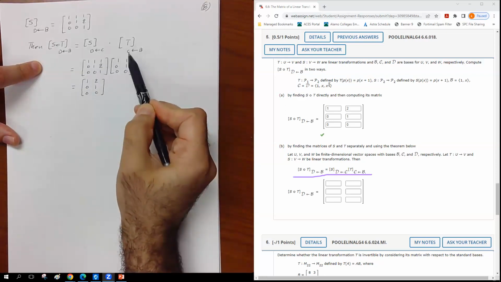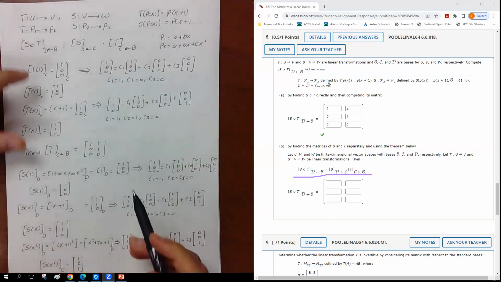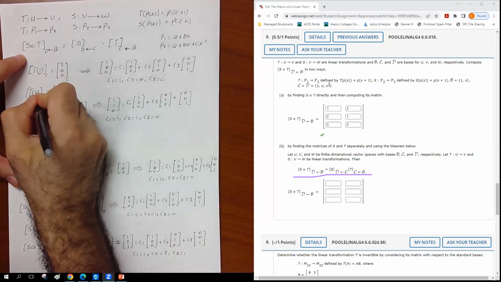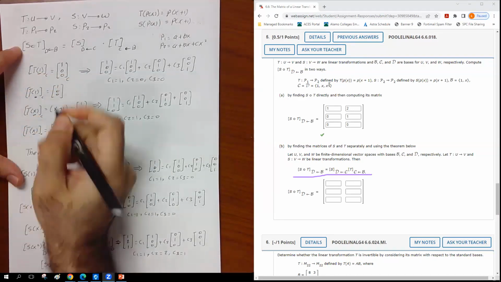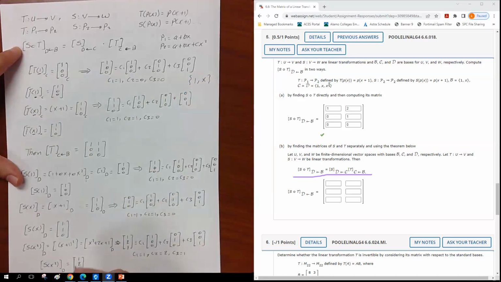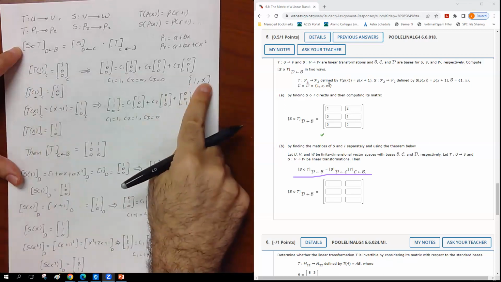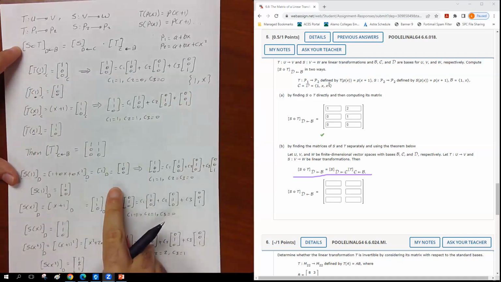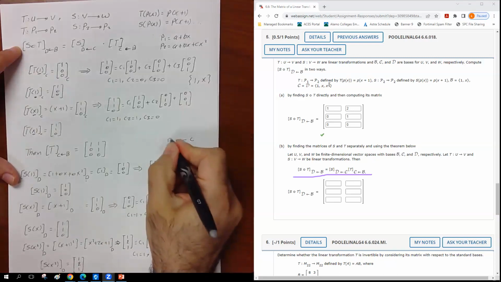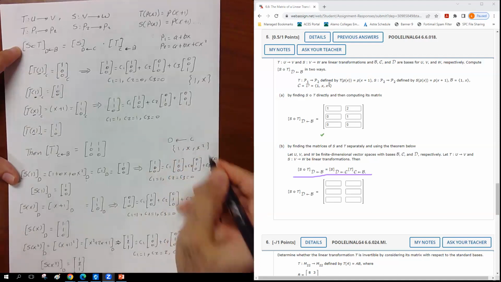The base B contains only 2 elements, which are 1 and X, so from base B to the base C we have 2 columns. But base C contains 1, X, and X squared, 3 elements.